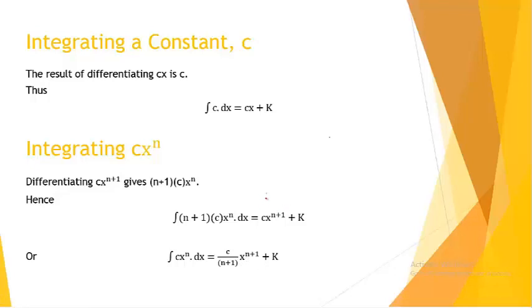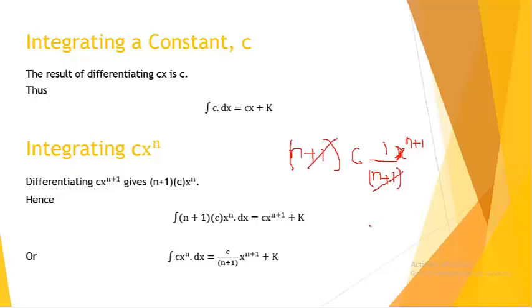So if you consider only the integral of (n+1)c x^n with respect to x, it would give us (n+1)c, which is a part of the constant, and only the term with the x will be integrated, which would give us x^(n+1). So we add 1 to the power and we divide it by the new power, which is 1 over n+1. So the n+1 and n+1 would get cancelled off.